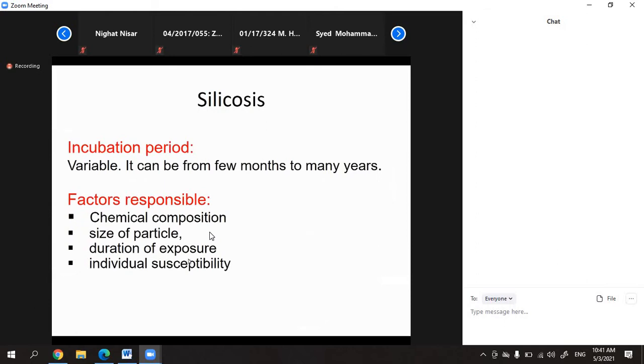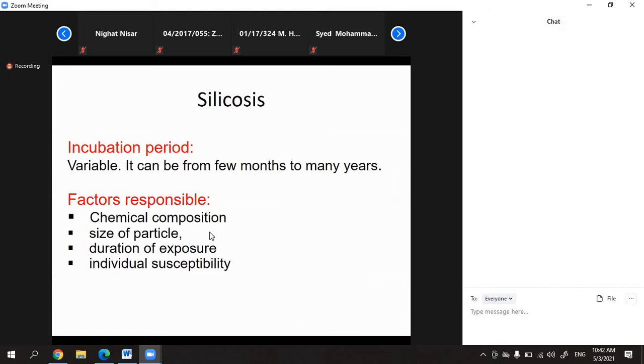Then comes the incubation period. It can vary from a few months to many years, but as we know the worker has a prolonged exposure, and as time passes they become at higher risk of developing these diseases. The factors responsible, again, you have gone through: the chemical composition, size of the particle, duration of exposure, and individual susceptibility.